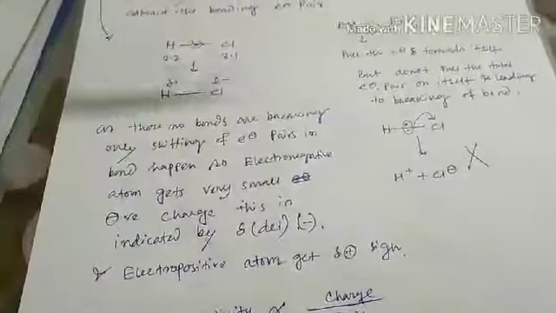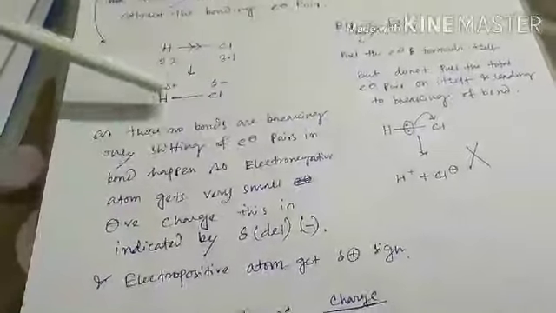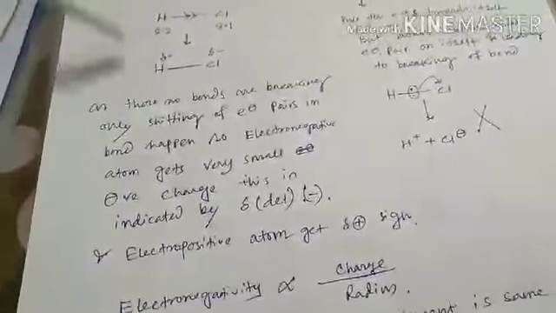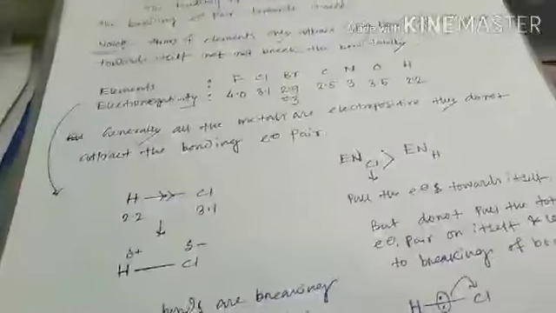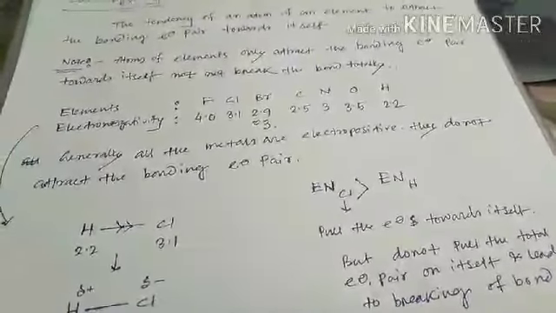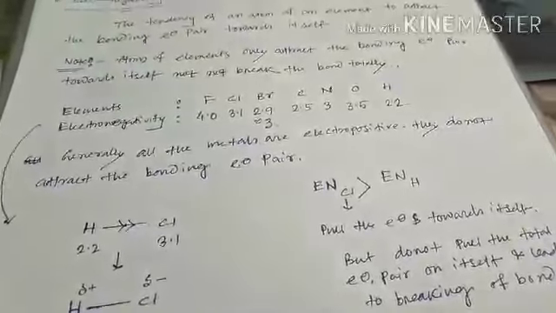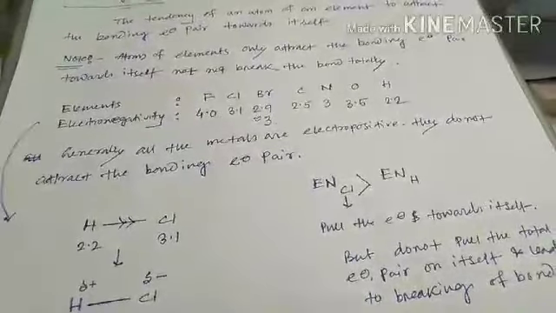Atoms which have lower electronegativity values are called electropositive, so hydrogen gets a positive charge. Generally all metals are electropositive and do not attract the bonding electron pair towards themselves. I hope it is very clear to you. If you have any doubt, please do ask me.